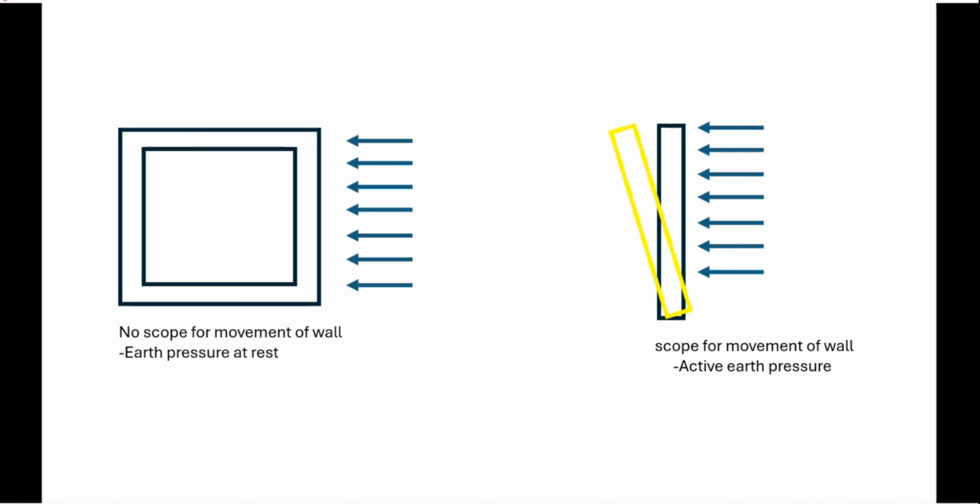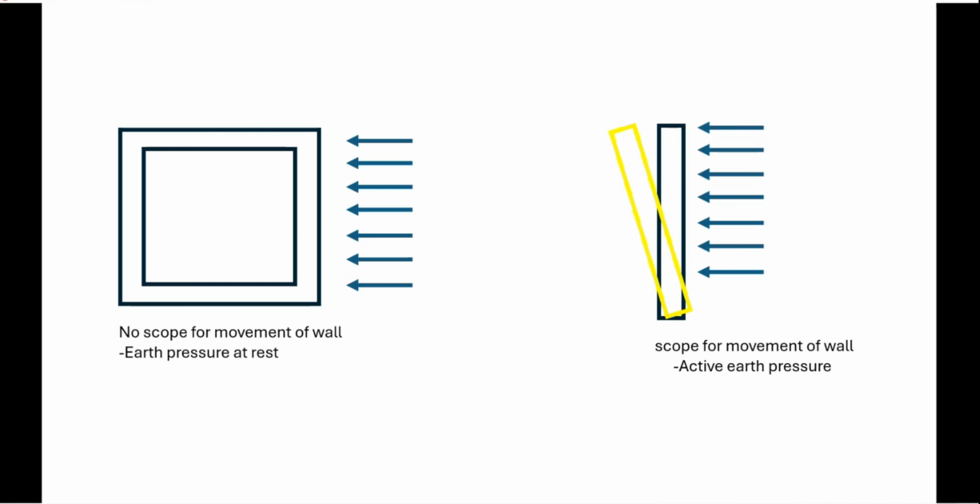Basically, when there is no scope of movement to the wall, we use coefficient at rest. When there is a scope for a wall to move, we use either active or passive. Active can be used in such cases where the wall is moving away from the backfill, and passive can be used in such cases where wall is moving towards the backfill.